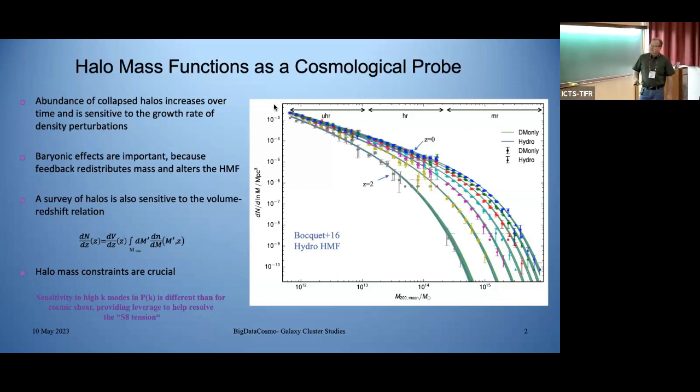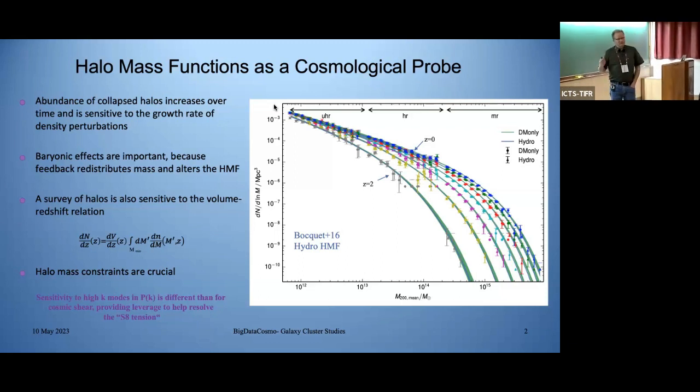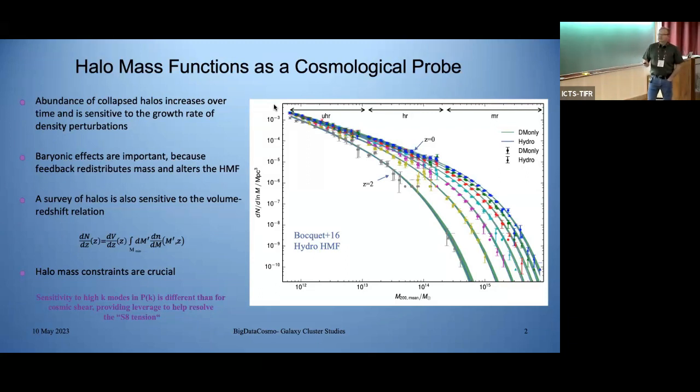One point I'd like to make already, and I'll hammer home throughout, is that if you want to use the halo mass function to study cosmology, you don't have to use clusters, but there are good reasons to use clusters. But whatever halos you use, you need to understand the masses. And that's pretty obvious from the dynamic range here. Okay, baryonic effects are important.